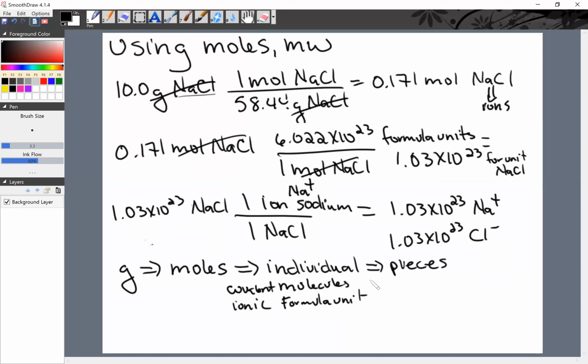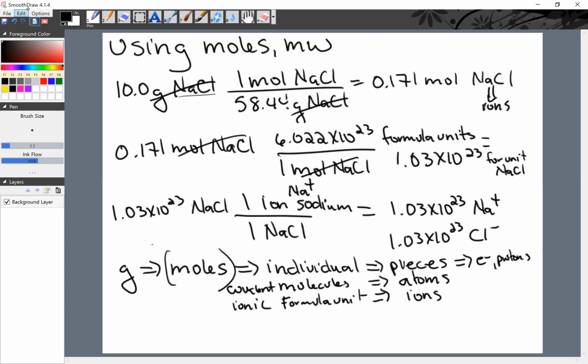And so molecules would go to atoms, and formula units would go to ions. And then I guess if you wanted to really, really go deeper, you could go all the way down to electrons, protons, so forth and so on. But moles is the key, okay? Moles is the connection. All right.